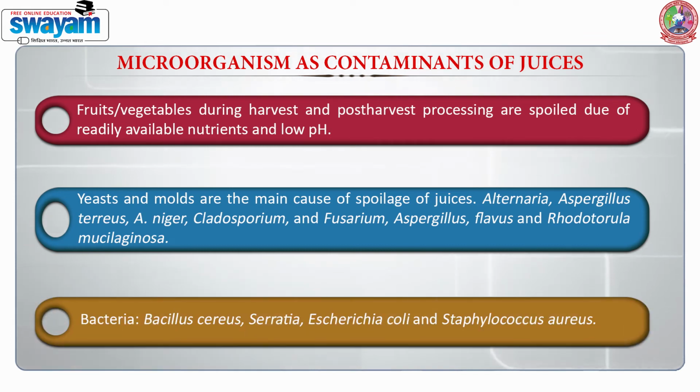Also, certain bacterial species such as Bacillus cereus, Serratia species, E. coli and Staphylococcus aureus are also responsible for the spoilage of juices.